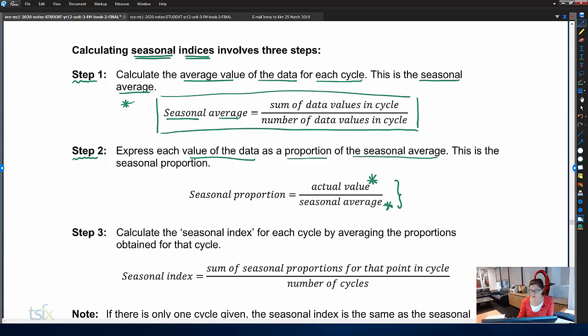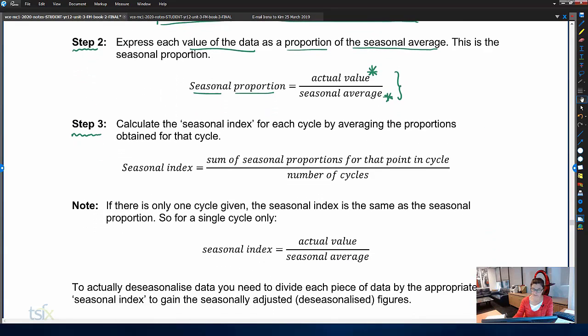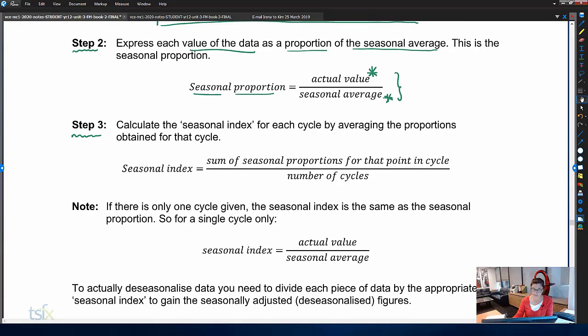When you do this to your data, you have now got seasonal proportions, and using those values, we move to step 3 and we calculate the seasonal index. The way that we calculate the seasonal index is we sum together all the seasonal proportions for that point in the cycle and we divide it by the number of cycles.